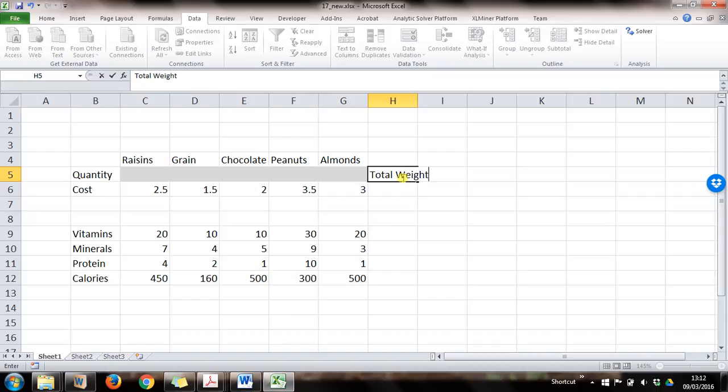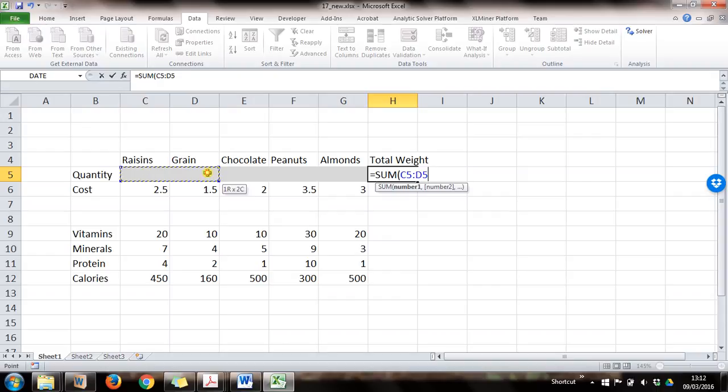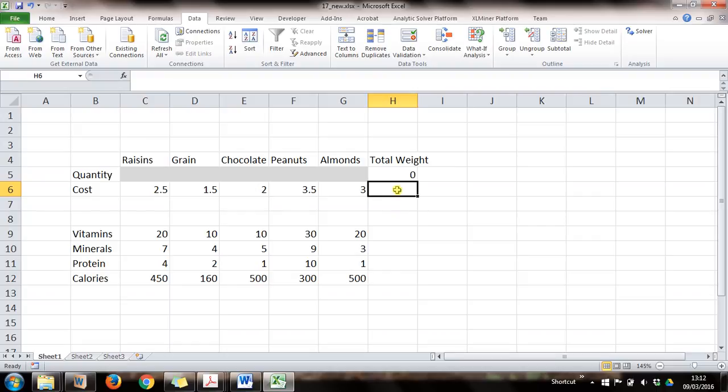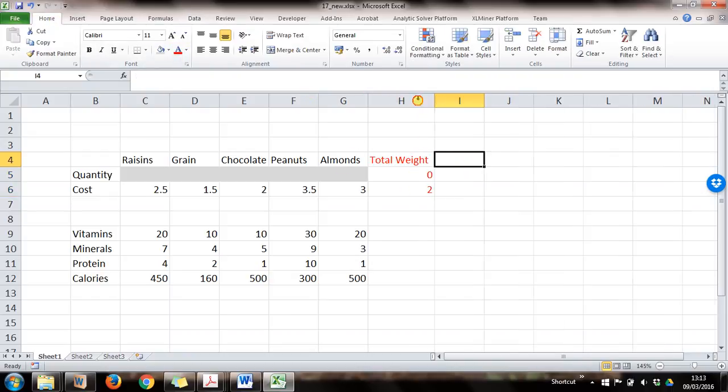Total weight equals the sum of all these weights, and this total weight should be equal to 2. This is a constant, so I'll make it red.